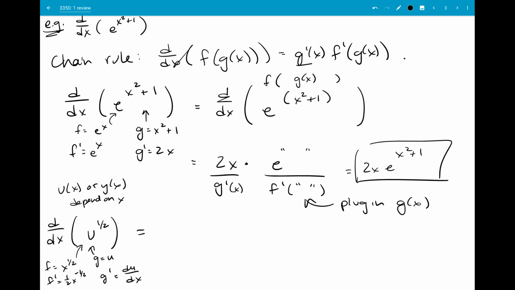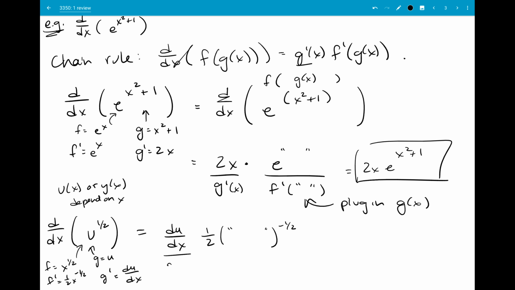So then if we wanted to take the derivative of u to the 1/2, we would just apply our chain rule. We would put our g prime up front, du/dx, and then our f prime, 1/2 something to the minus 1/2 power, but we would plug in our g of x.